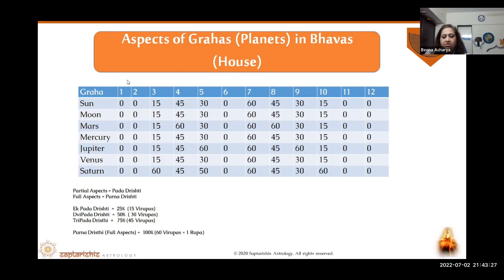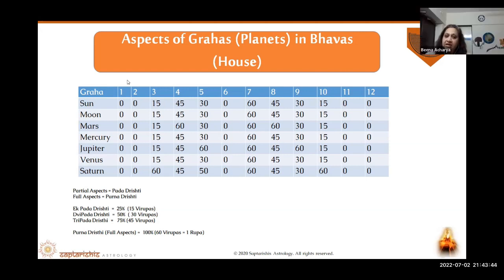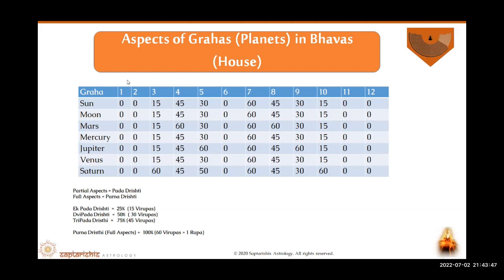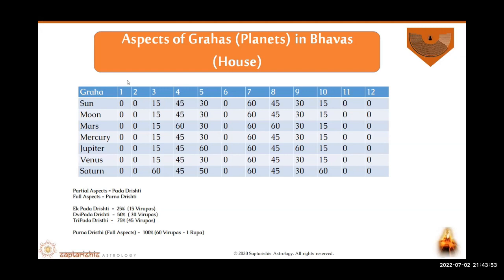You said there will be losses or health issues, and if it is aspected by a natural benefic or the lagna benefic, then it gets modified benefically. So the effect will be less, or it will be nullified. Less. Okay.